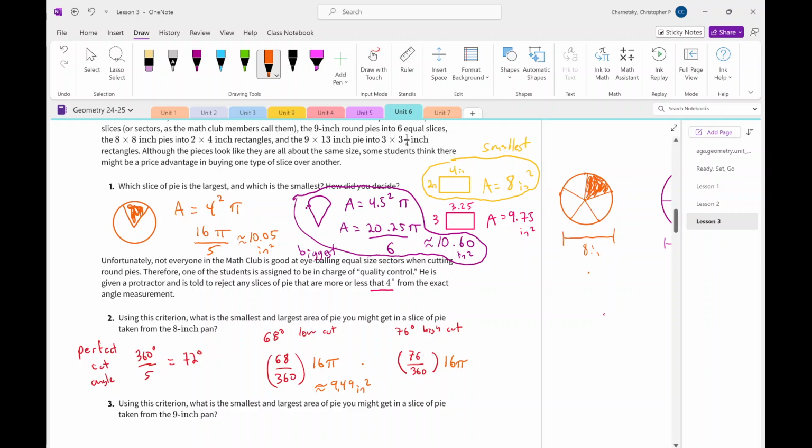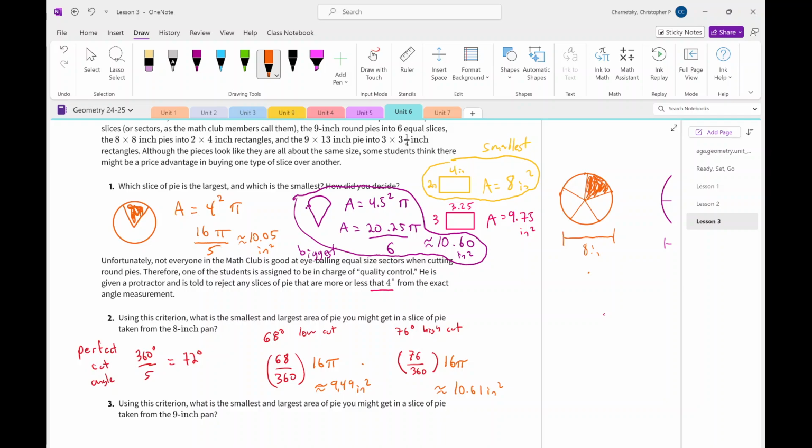And we'll plug that into our calculator. And I'm getting about 10.61 square inches, so a little bit more than our perfect cut. Okay.